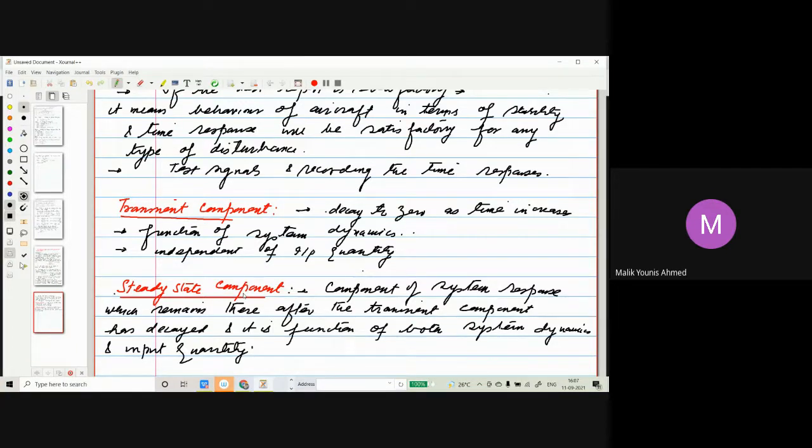In the design problem, the specifications usually are given in terms of transient and steady state performance, and controllers are also designed so that these specifications are met by the designed system. So in a nutshell, time domain analysis is the study of the control system in time domain, essentially involving the evaluation of transient and steady state responses of the system.